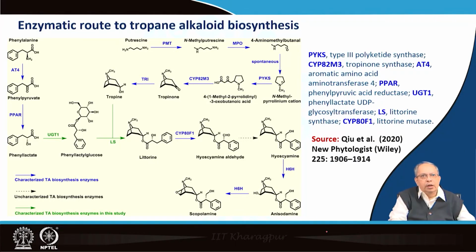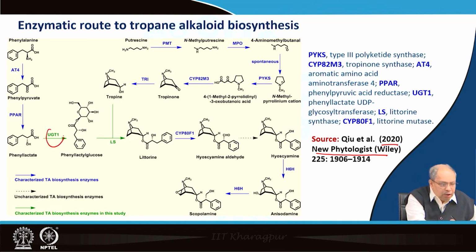So, in the previous class I spoke about the enzymatic route to tropane alkaloid biosynthesis. What is shown here is that almost all the steps of tropane alkaloid biosynthesis have been elucidated. This is an outstanding paper published in the New Phytologist journal in 2020, where they characterized two enzymes.